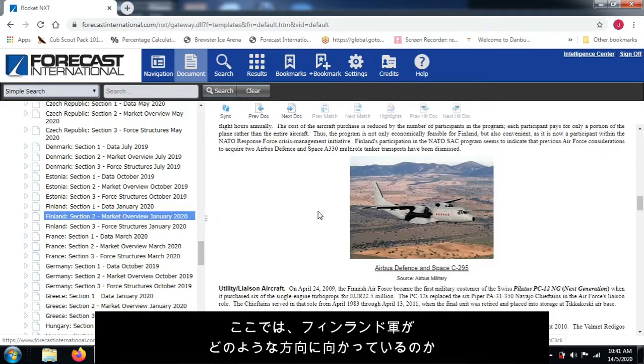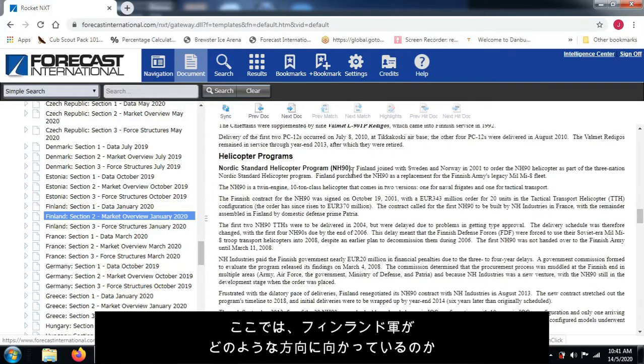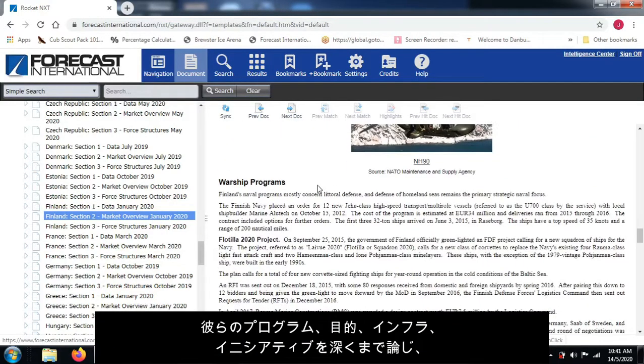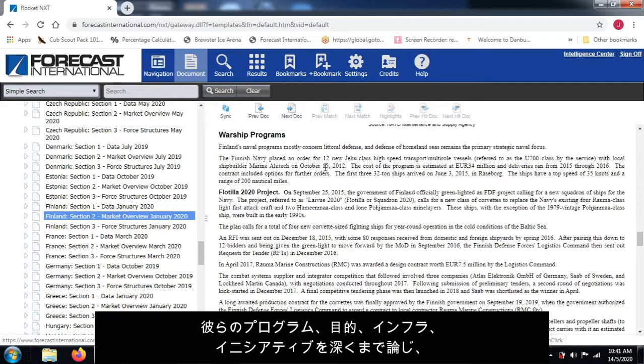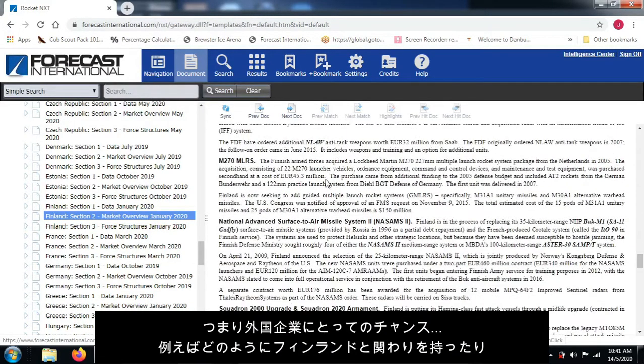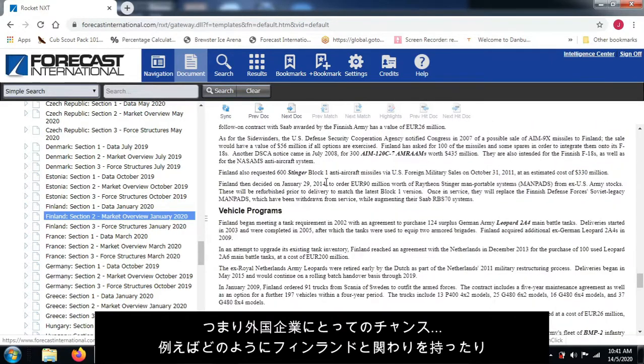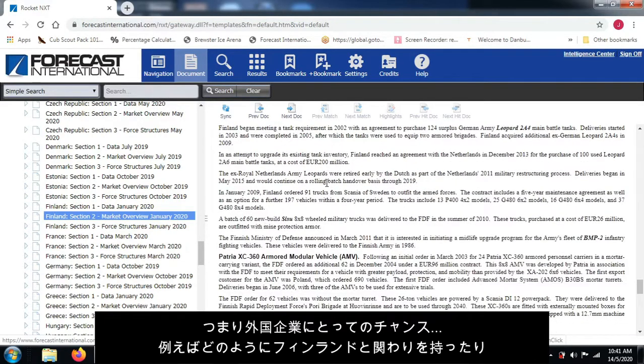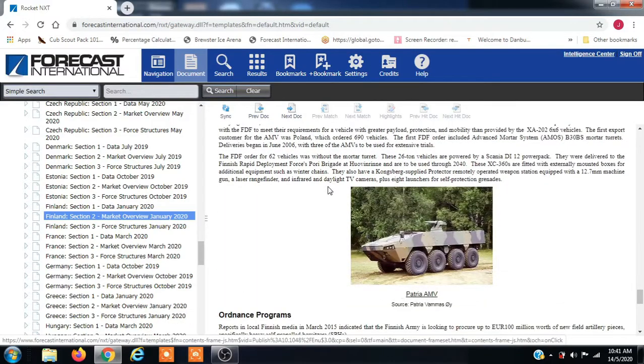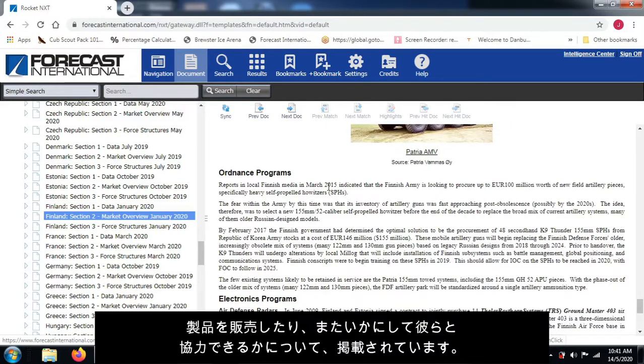And this discusses in depth where Finland's military believes it is headed, their programs, their objectives, their infrastructure and their initiatives, and thus opportunities for foreign companies or foreign countries to get involved and either sell product or collaborate with the Finns.